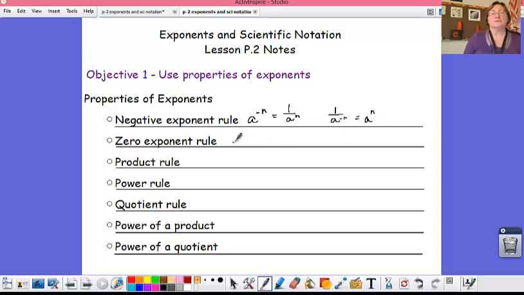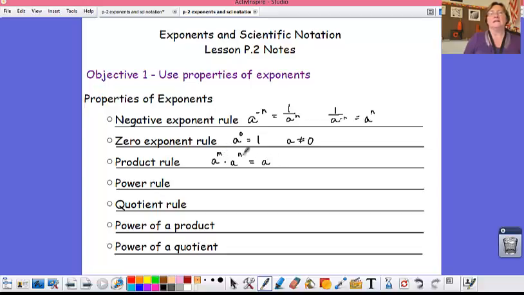The zero exponent rule is one that we will mostly all remember. It says that anything raised to the 0th power is 1, as long as the anything is not 0. 0 raised to the 0th power is not defined. The product rule talks about multiplying powers of like bases. So if I have a to the m multiplying a to the n, the rule says like bases, add the exponents if you're multiplying.